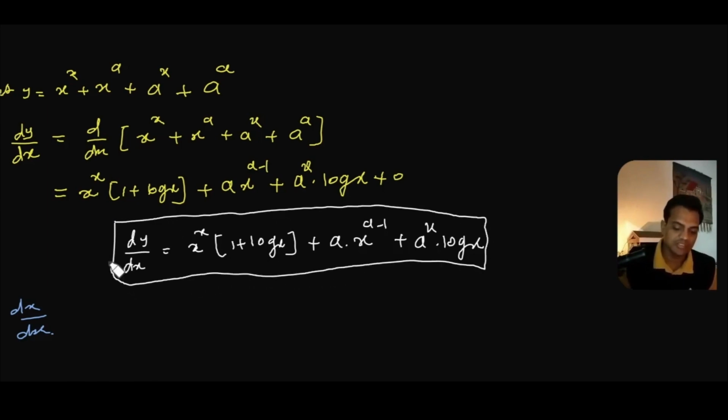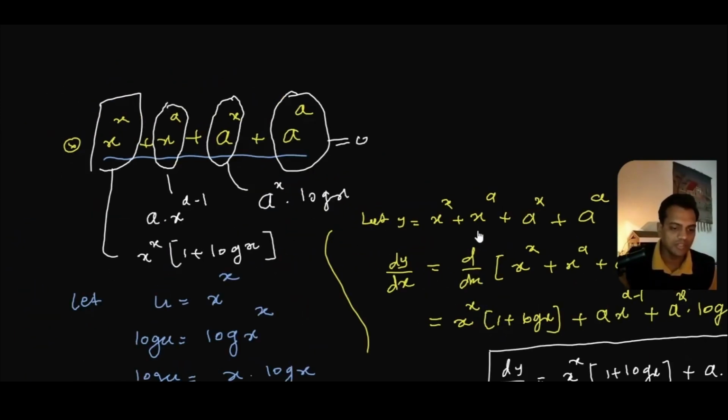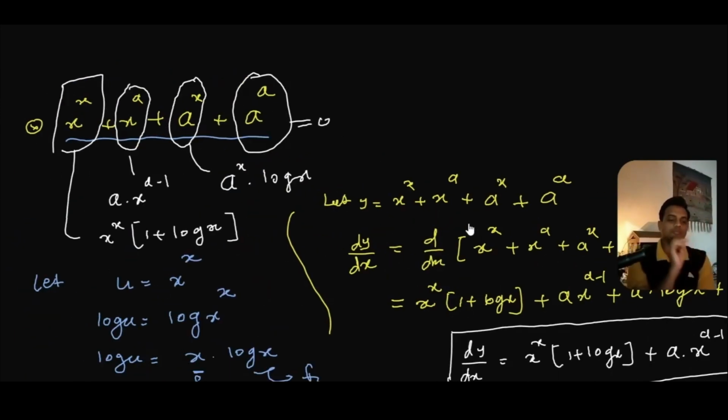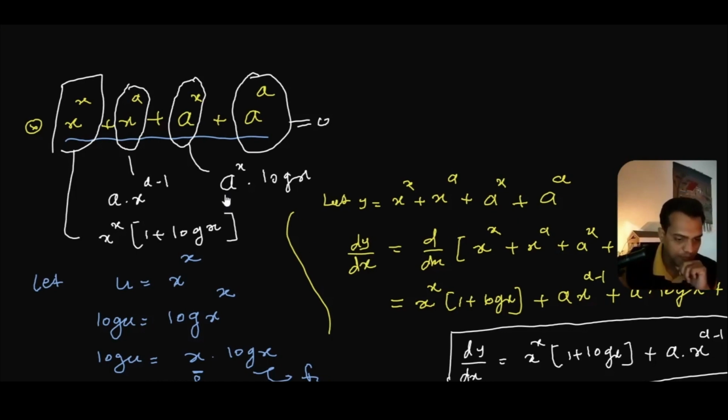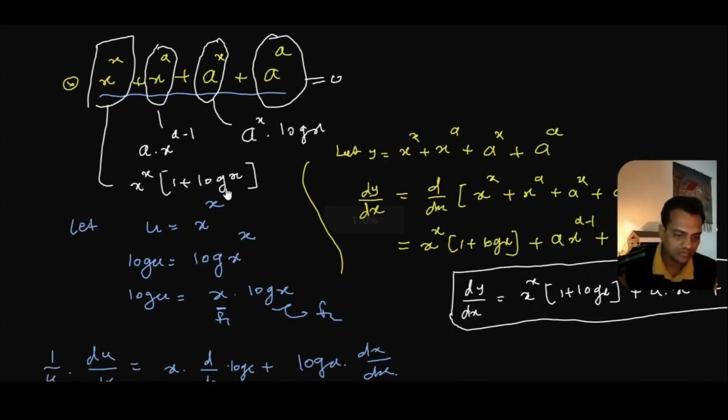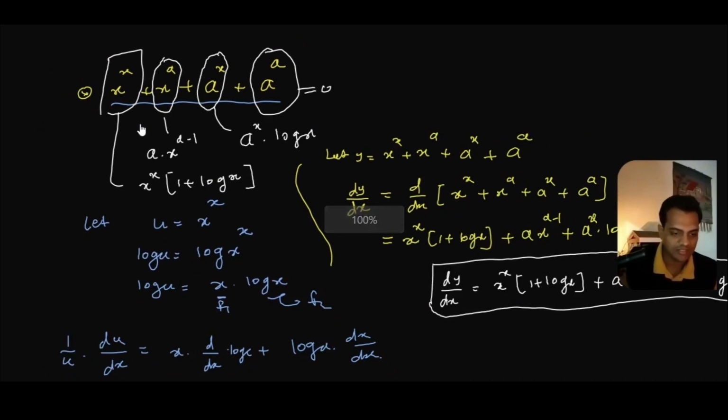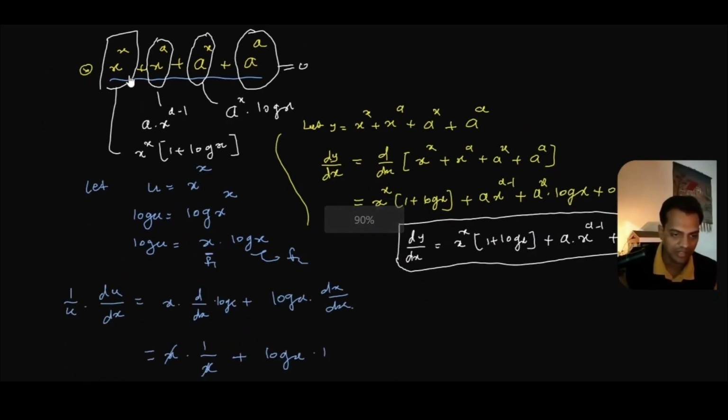Okay, so the simple trick in this type of expression is that whenever there is a composite function, take that particular term outside. Here in this expression, x raised to x is the composite function, so we have taken it outside.